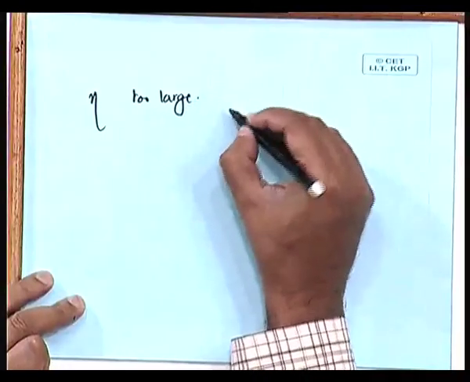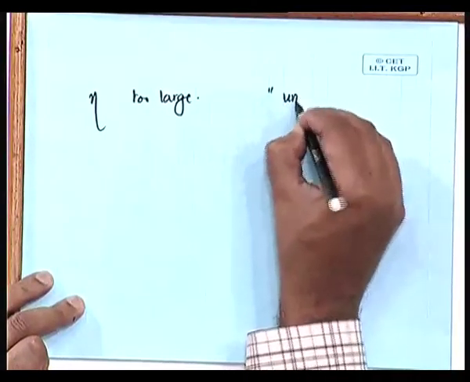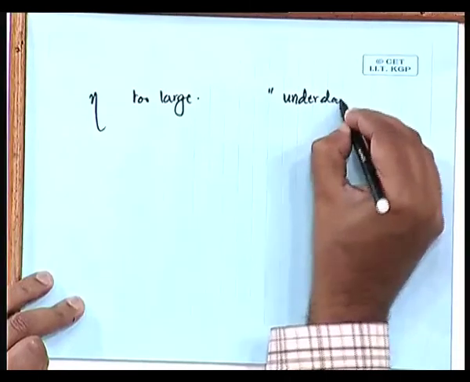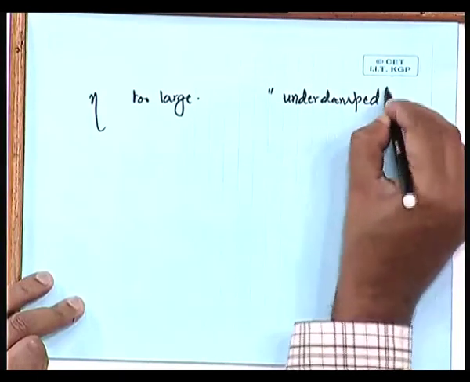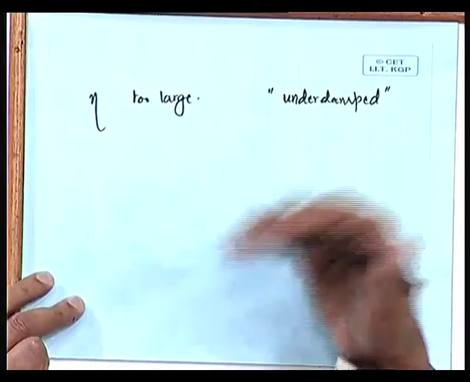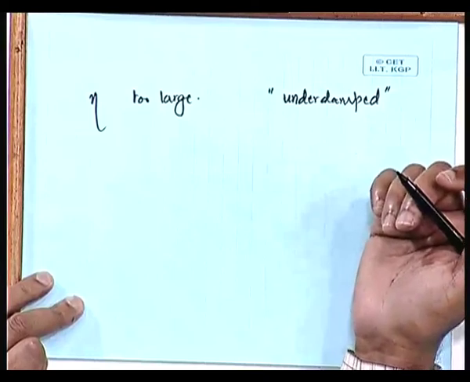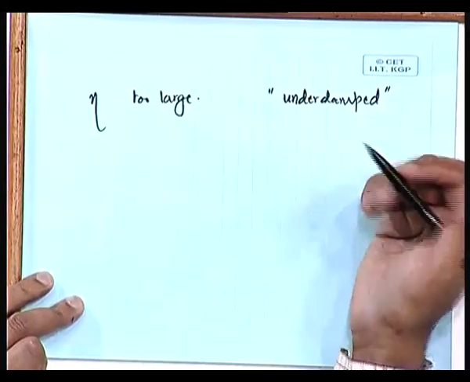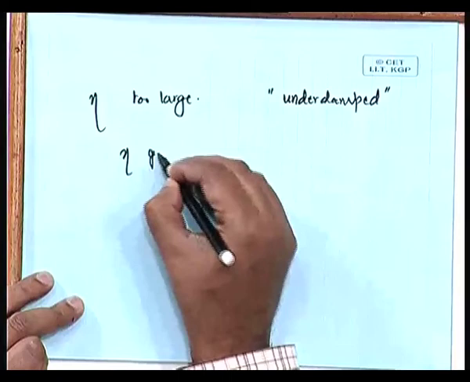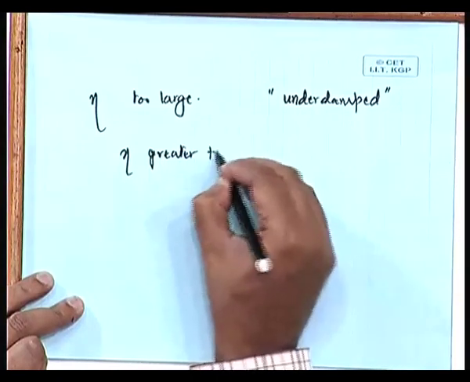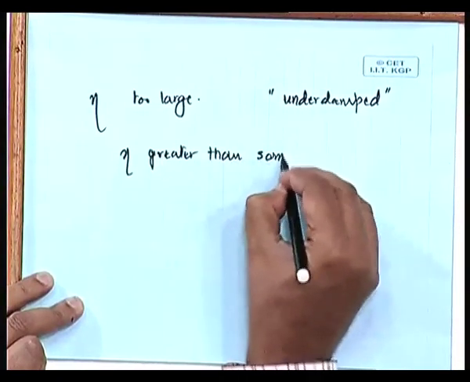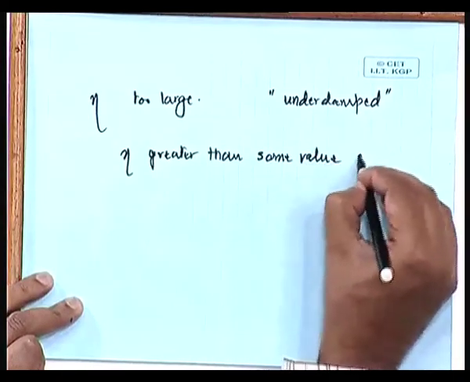So, if eta is too large, then it leads to an underdamped case. Underdamped means that it is going to have overshoots and undershoots, and in fact it may even be oscillatory. So, eta greater than some value can make it oscillatory.